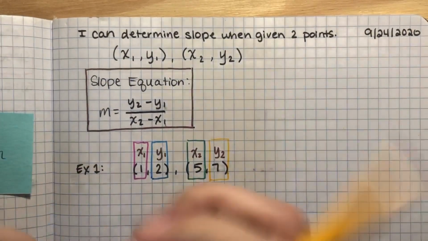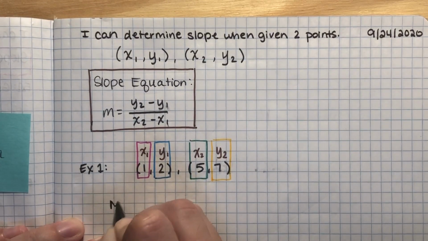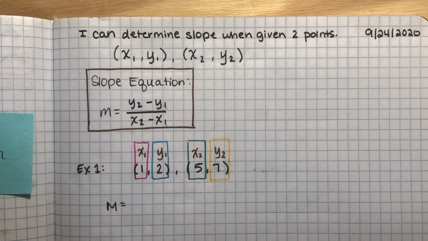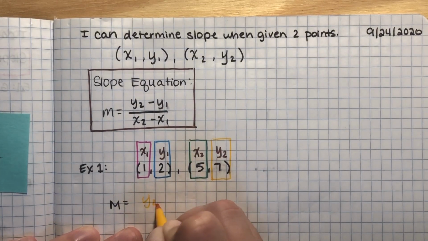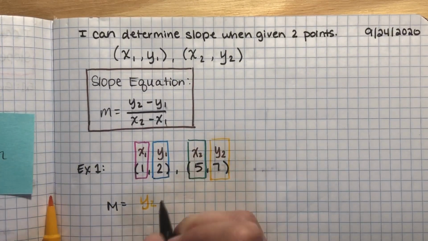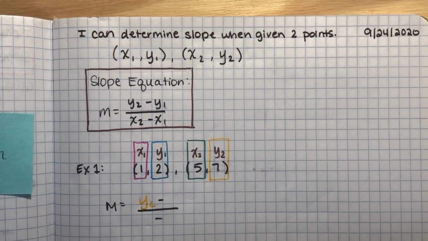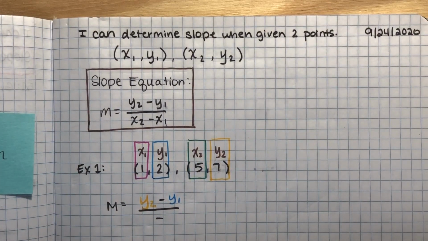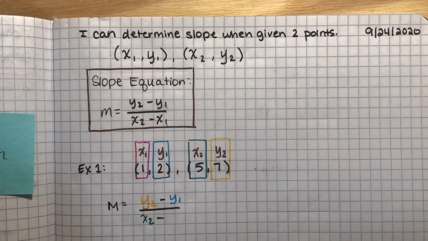Okay, so we're going to start off with our slope equation. We have m equals, our slope equation tells us that we have our y sub 2 minus, and I'm going to throw these in while I'm still holding the black pen, minus our y sub 1 over our x sub 2 minus our x sub 1.